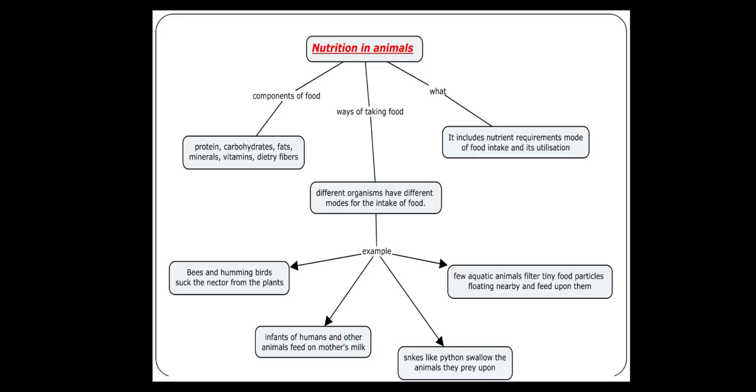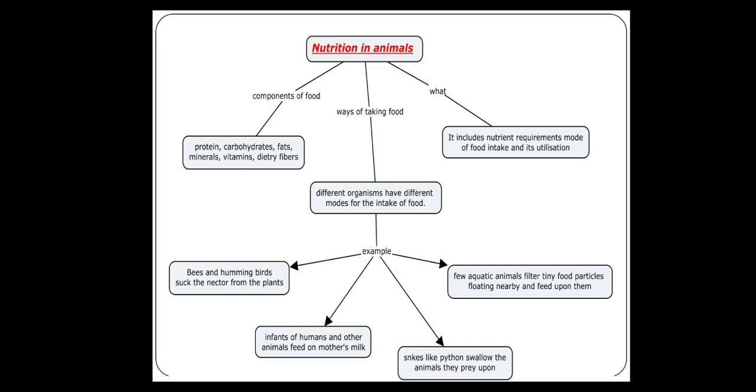Now all living organisms depend on food for their survival. To get the energy to do various activities in a day, all living organisms need food. In the food, certain components are present, and these components of food are called nutrients.